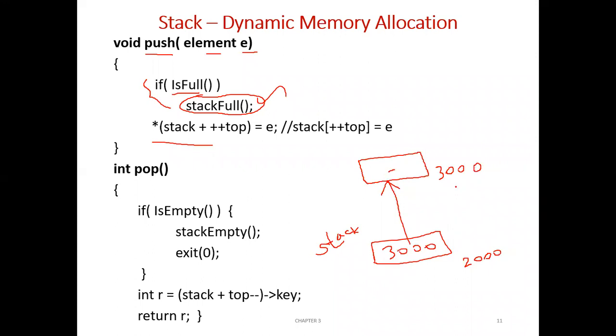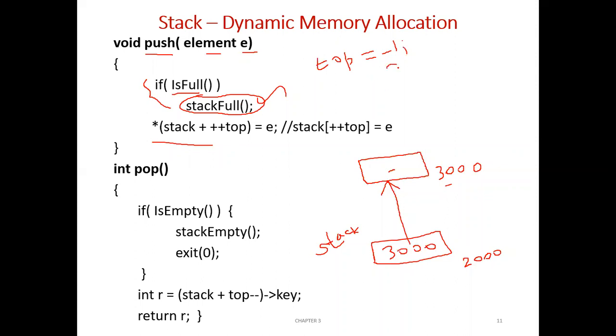So how can we do that? For that we write this statement: stack plus top. What is stack? Stack contains 3000. 3000 plus top. What will top be initially? Initially top will be -1 because the stack is empty. But now we are going to push one element, so we do pre-increment, plus plus top.